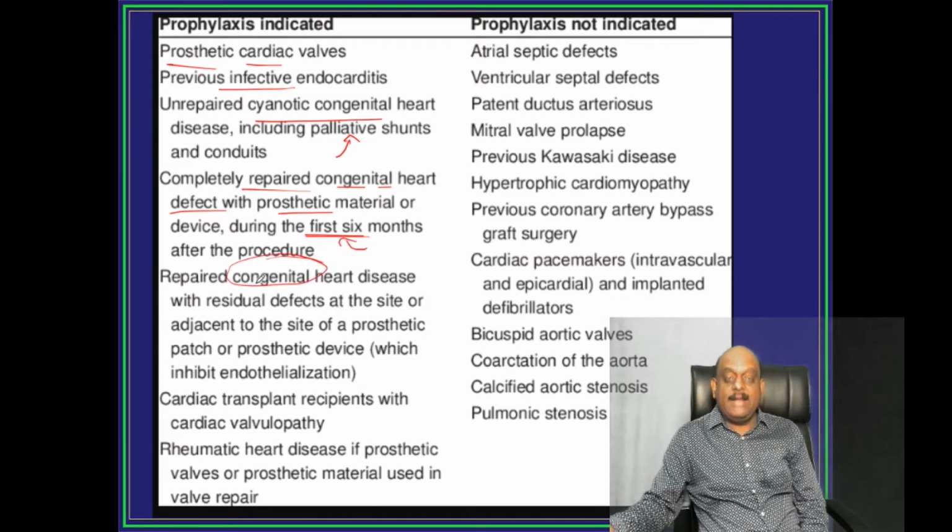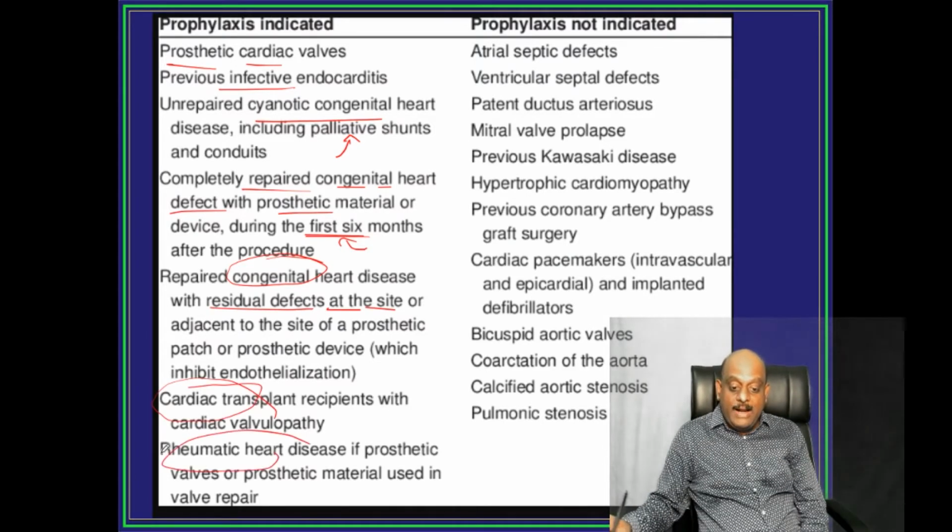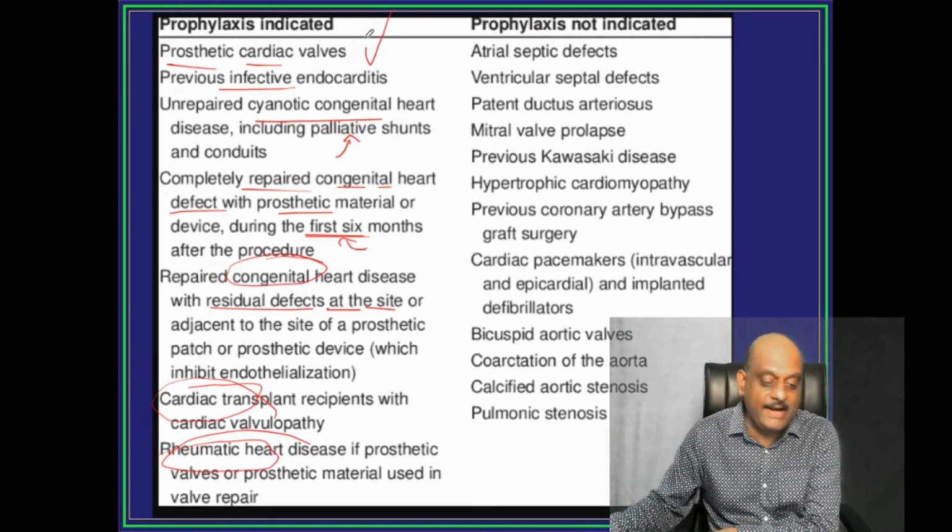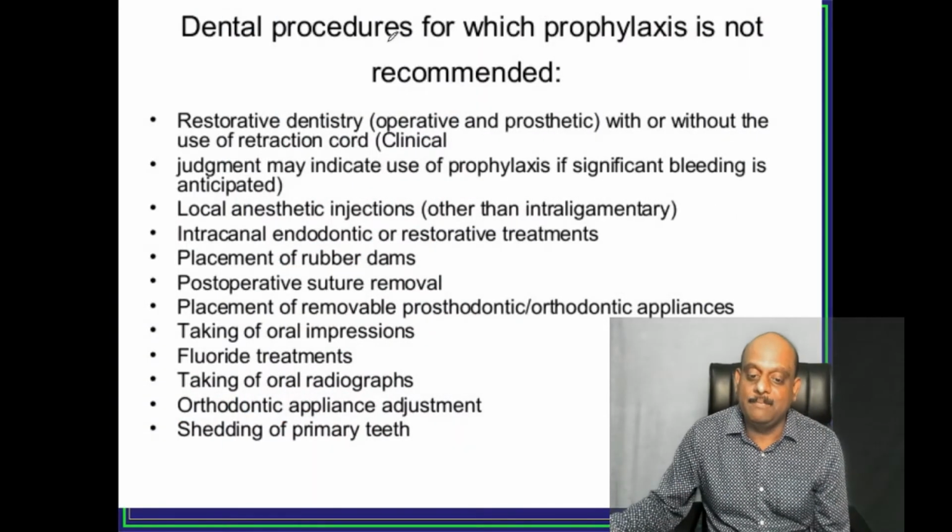Any repaired congenital heart disease where there is a residual defect, any cardiac transplant recipient, or a rheumatic heart disease if the prosthetic heart valves are typically located. So they're all where prophylaxis is indicated is what you have to remember.